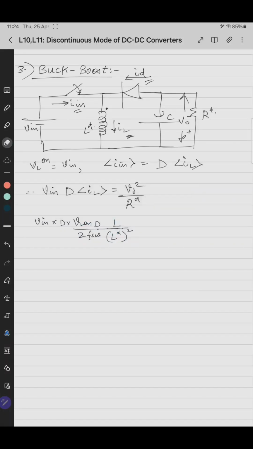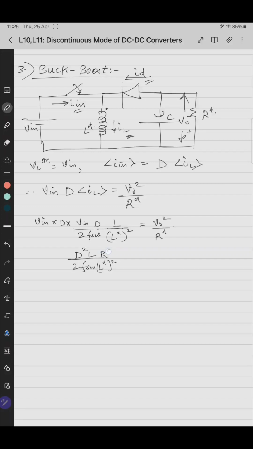And VL on, what was VL on? VL on is V in. So V in into this is equal to V naught square by RD, into D square L by 2 f switching into LD whole square.